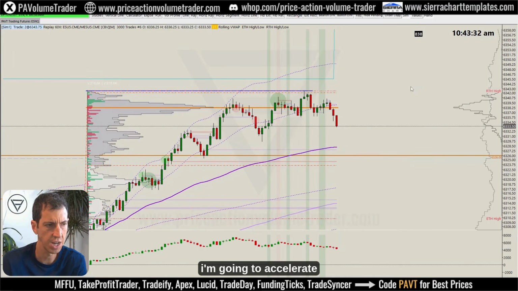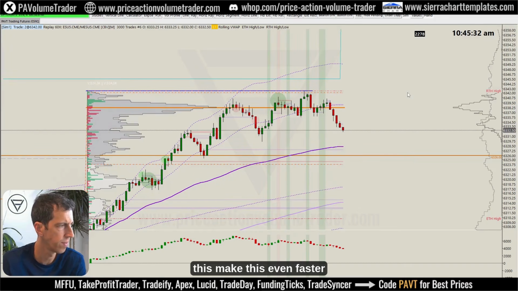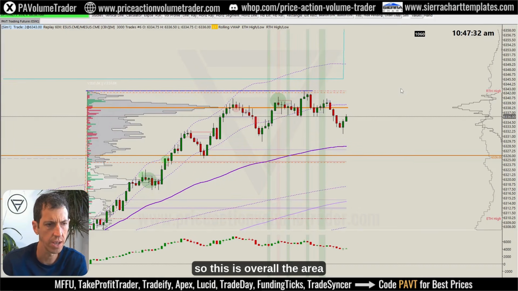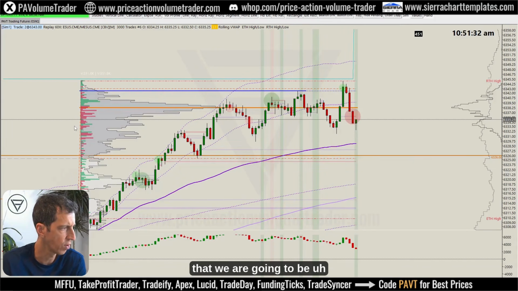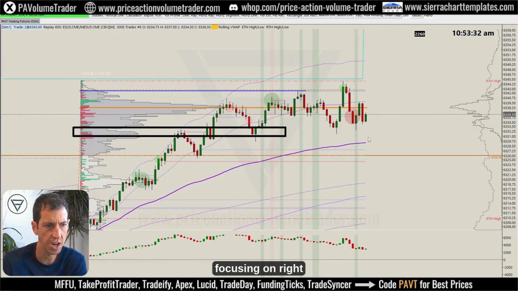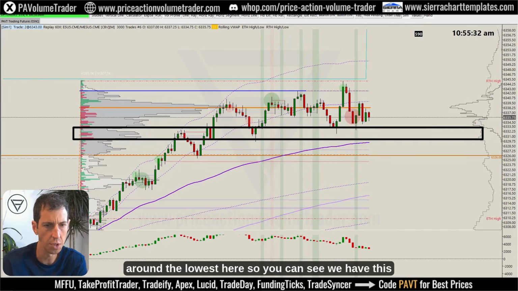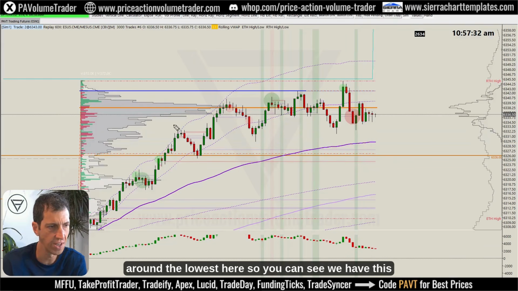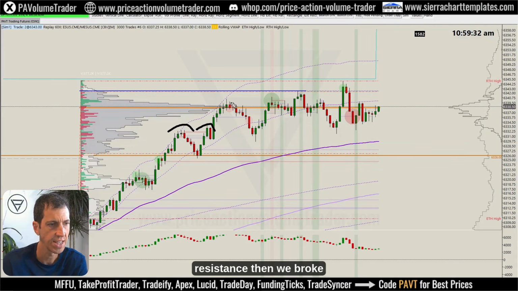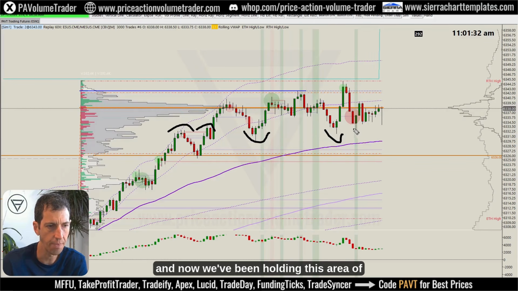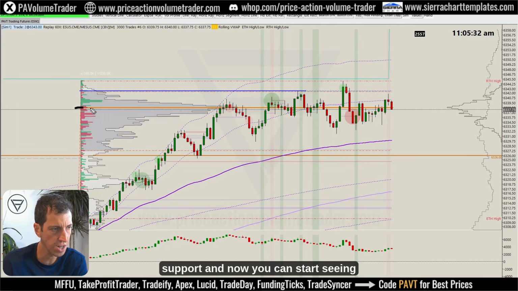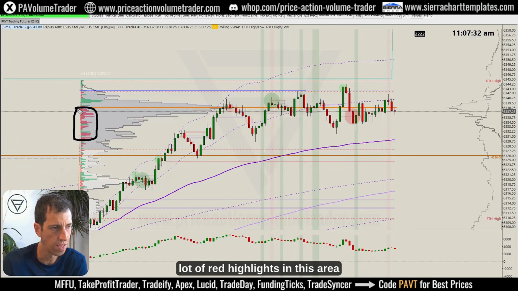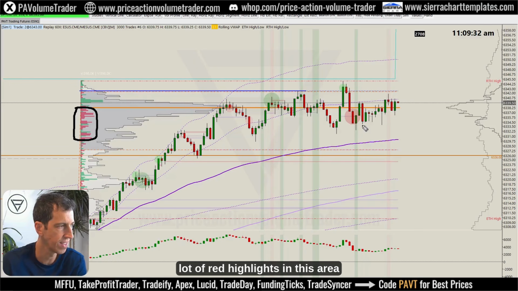So I'm going to accelerate this, make this even faster. Okay. So this is overall the area that we are going to be focusing on, right around the lows here. You can see we had this resistance, then we broke, and now we've been holding this area of support. And now you can start seeing a lot of red highlights in this area.